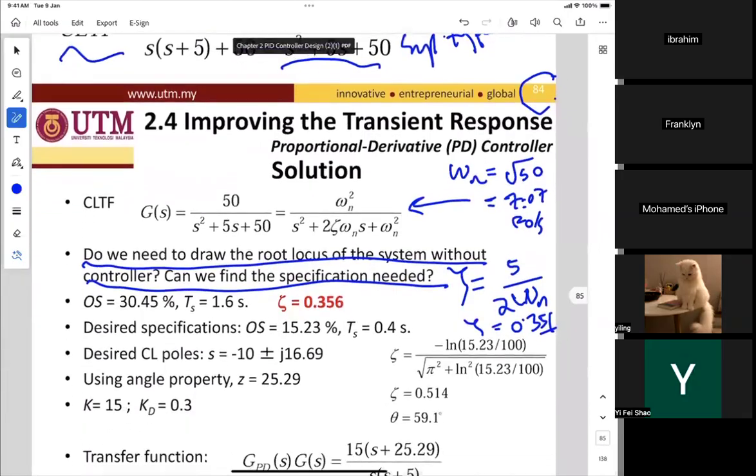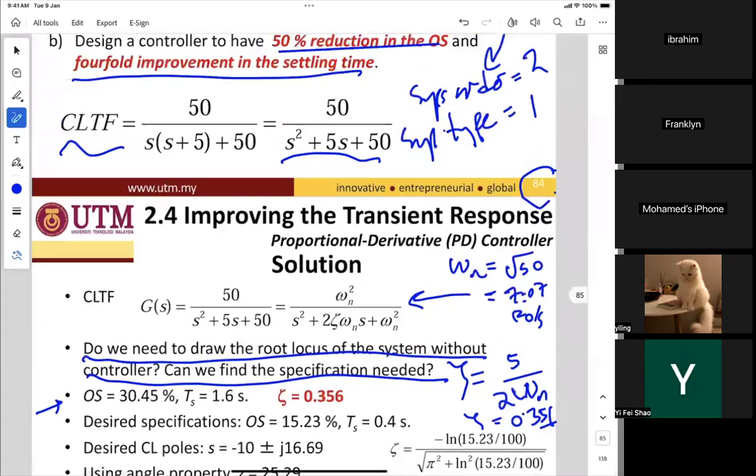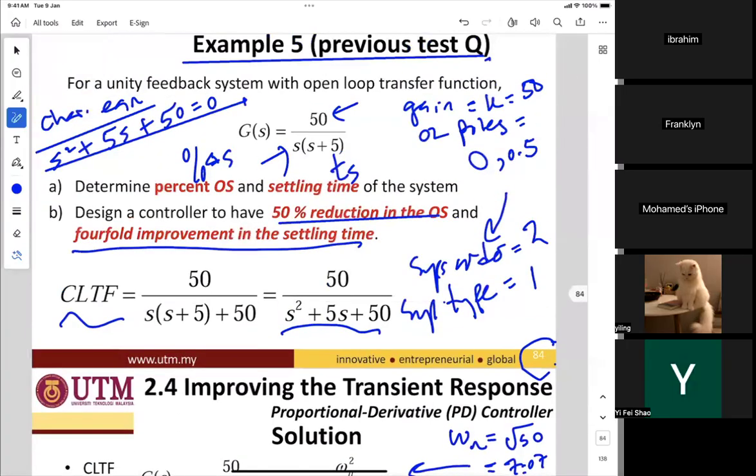Okay, so this is what we are talking about. The desired spec is 15.23% and the settling time is 0.4 second. But we need to calculate the settling time as well because the question asks for a fourfold improvement in the settling time.